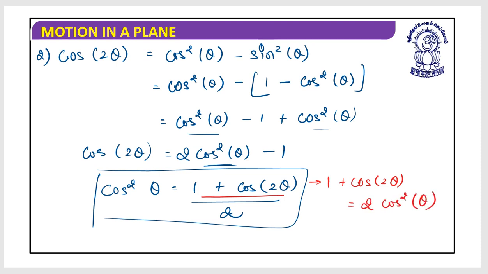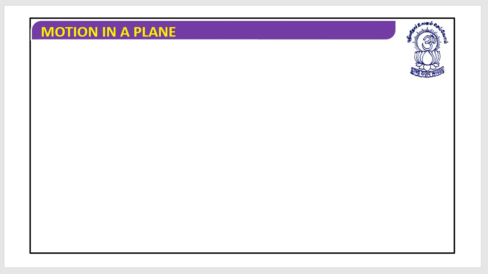Or if you look at it in a different manner, it's 1 plus cos double of the angle, then this should be 2 cos square half of the angle. I hope you understand this. So if it is 1 plus cos 2 theta, then it would be 2 cos square theta. So if I replace this, then this is the situation.